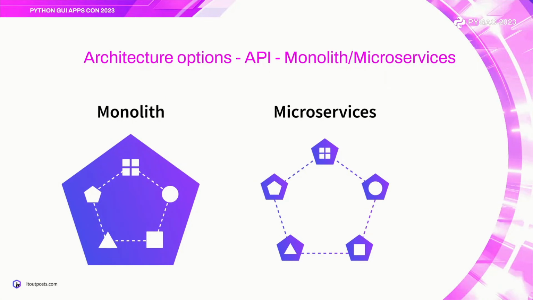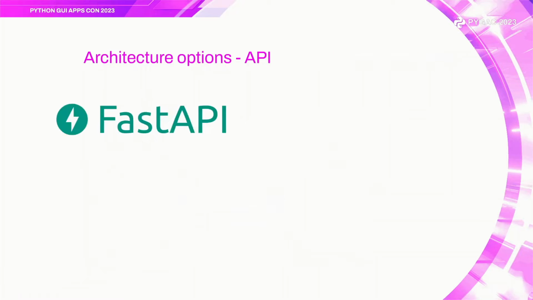And other options are using a monolith or microservices. In this case, we will have to deploy an executable file or many microservices in our cloud structure. And for that, we can use FastAPI. Please notice that we can also use Flask and Django here.